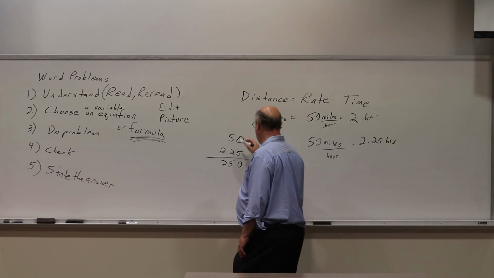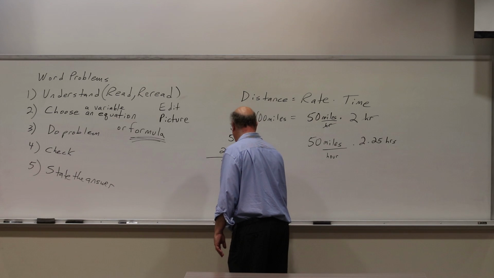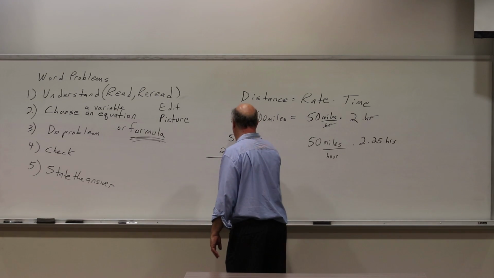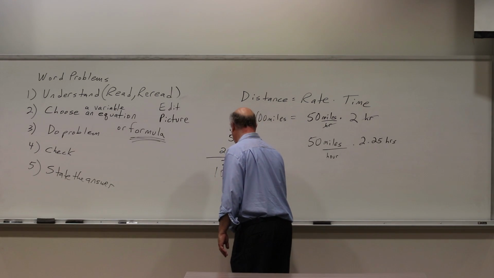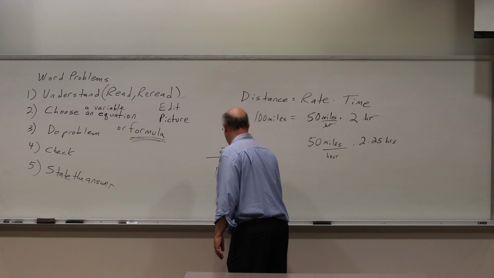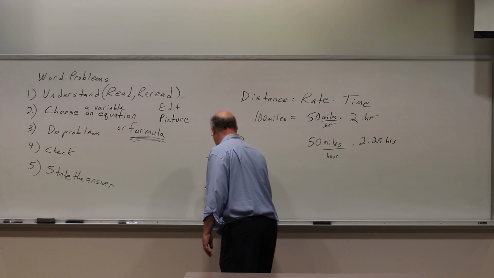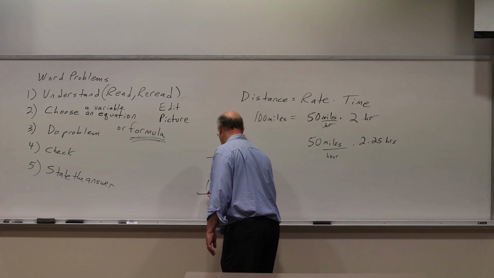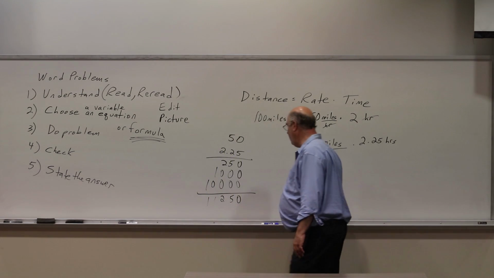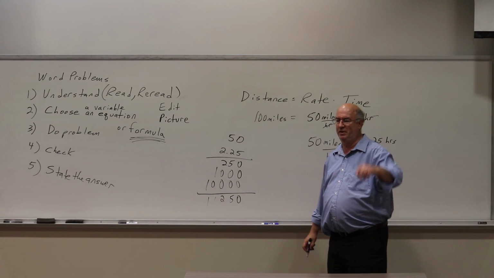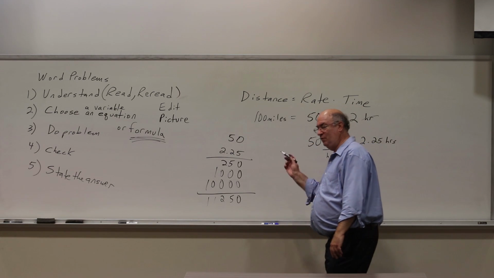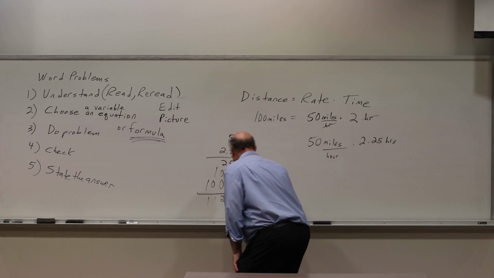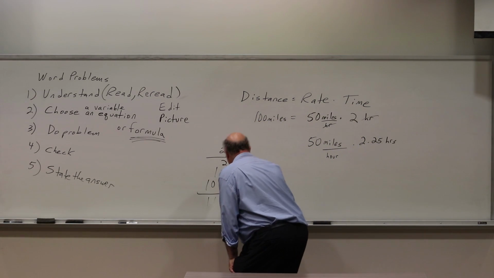So we got 5, right? 2, then we have one placeholder. 2 times 0 is still 0. 2 placeholders. 2 times 0 is 0, 2 times 5, 10. 0, 5, 2, 1, 1. Okay, 2 decimal places. So we go from the right over 2 to the left.